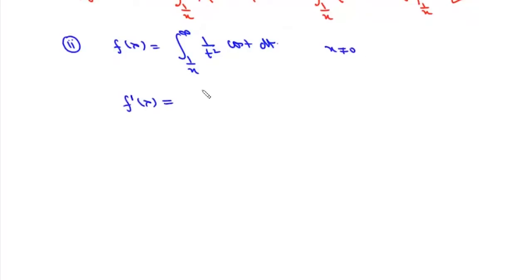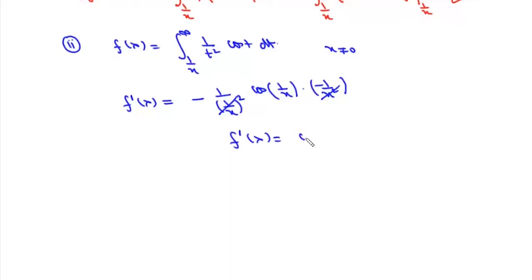So we can write f'(x) as minus 1 upon (1 upon x) square cos(1 by x), and here it will be minus 1 upon x square. Now this minus and minus cancel and x square will also cancel. So we'll get f'(x) as cos(1 by x), or we can write f'(1 upon pi) will be equal to cos pi, and cos pi is minus 1. So the answer to this part 2 is minus 1.